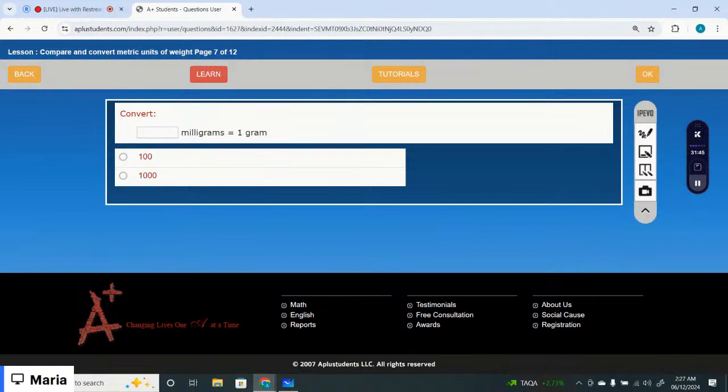1 gram equal how many milligrams? 1 gram equal 1000 milligrams.